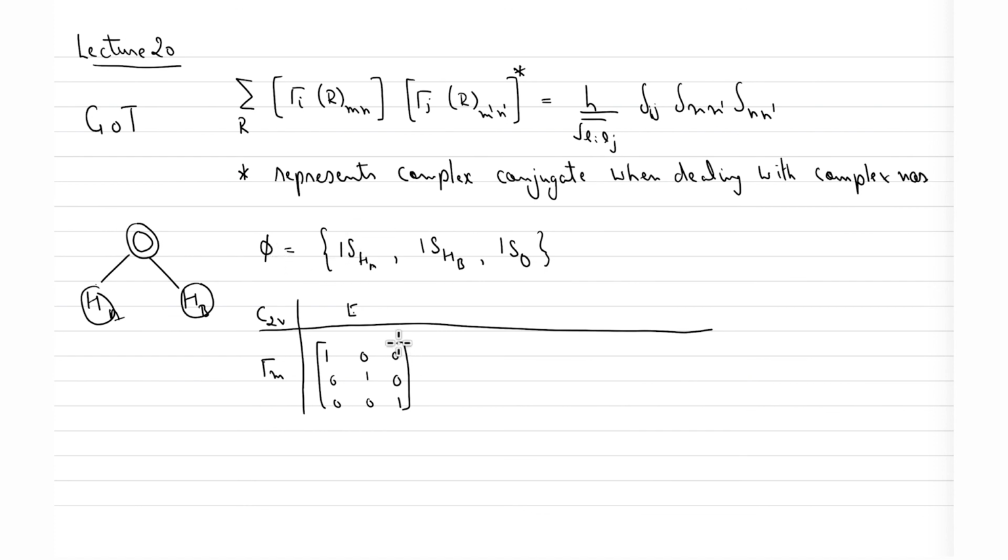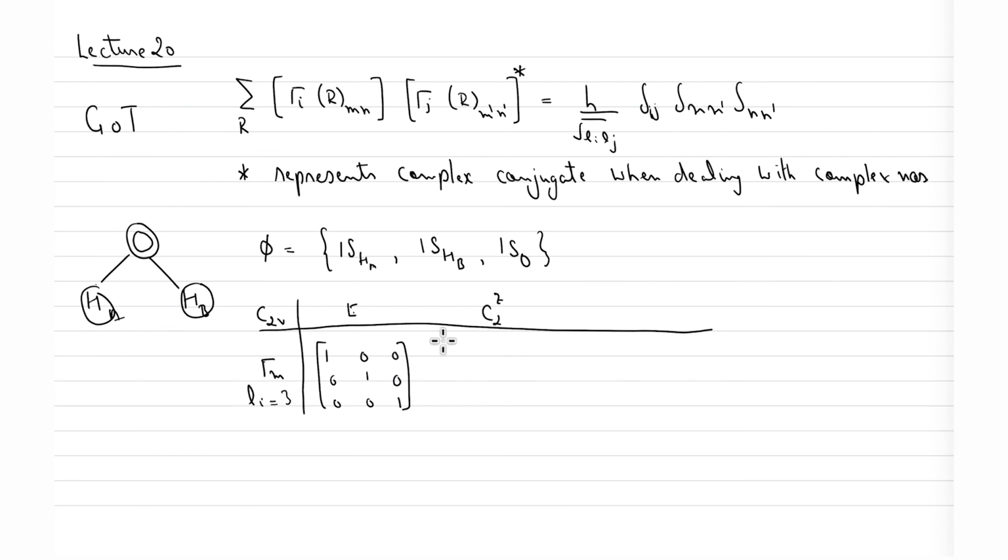That means the trace under E will define the dimension of the irreducible representation, which is defined by li. In this case, if we take the trace of any matrix under E, it will come out to be 3, and that 3 will be the dimension of tau m. So li is equal to 3 because the trace of the matrix under E will be 3. This is just to highlight, because we'll be using this property later.